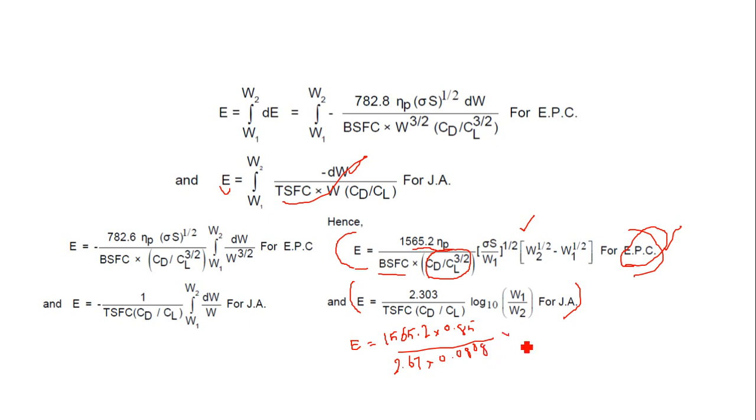Then into, at sea level condition, we know the value for sigma, that is 1, into the surface area they have given as 45, divided by W1, the initial weight, that is 88,290, whole power 1 by 2, into, for W2, 72840 whole power 1 by 2 minus 88290 whole power 1 by 2.